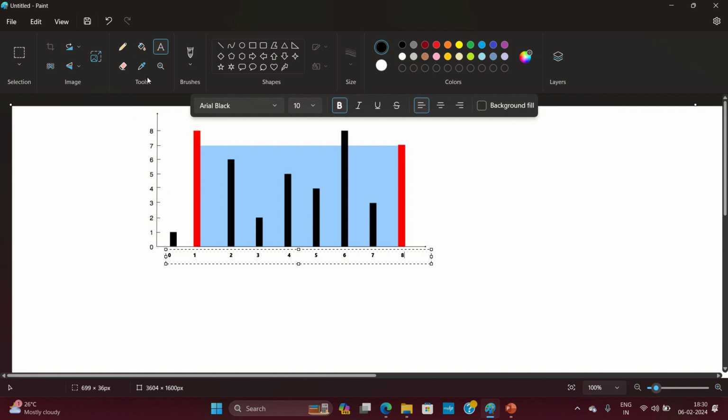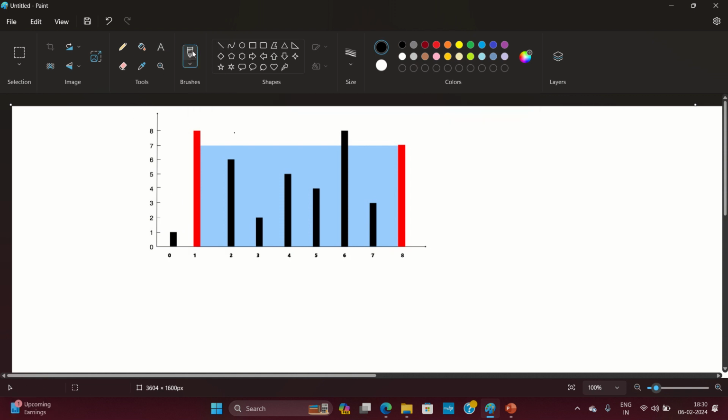It will fill up to this height only, and beyond this height the water will overflow, so the height is the minimum of the two slabs. As the base is 1 and the height is 1, the area is 1 into 1, that is 1 square unit.